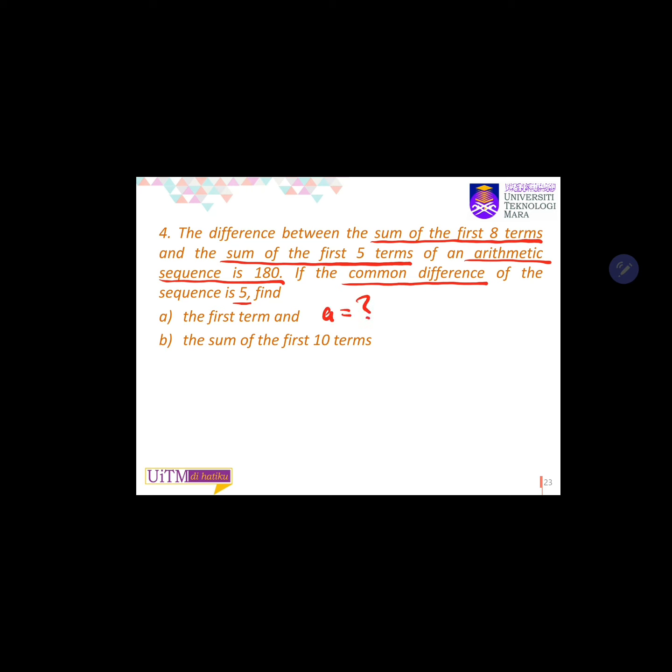Okay, so based on the given question, the difference of S8 minus S5 is equal to 180. Okay, so remember that we have sum here, so that means you need to use the sum formula, which is n over 2 (2a plus n minus 1d).